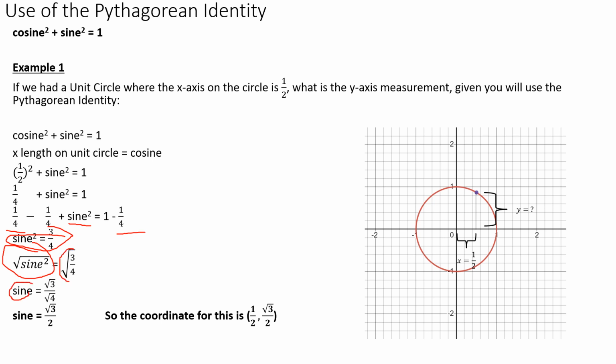The square root of 3/4 is the square root of 3 over the square root of 4, and the square root of 4 is 2. So that's the square root of 3 over 2. So if I know this is 1/2, I know this is going to be the square root of 3 over 2, which I got from the Pythagorean identity.